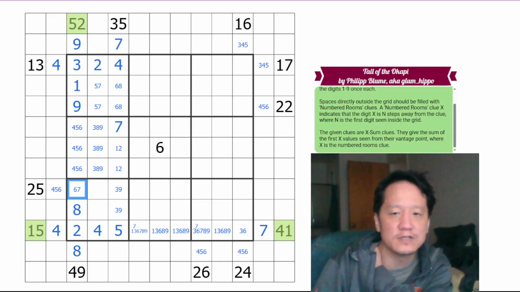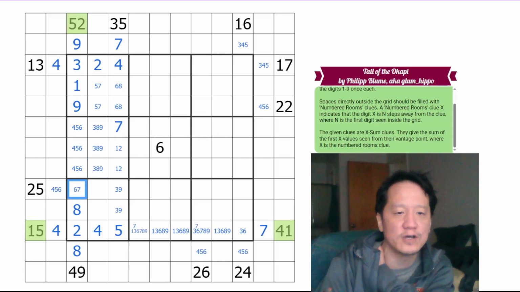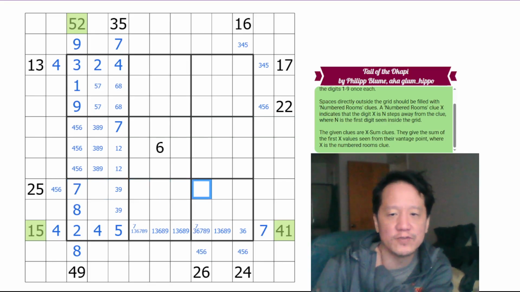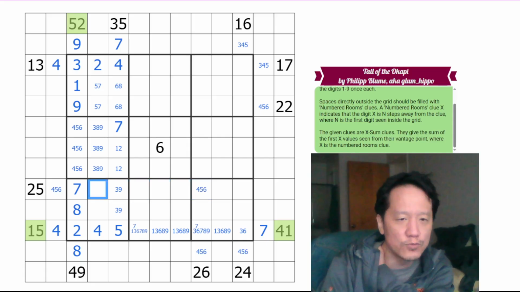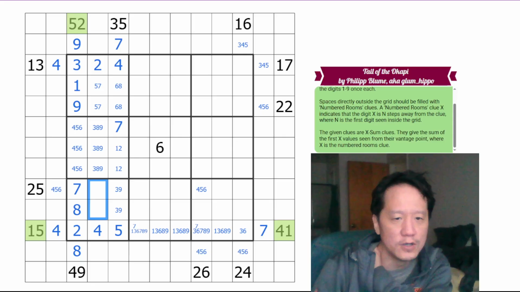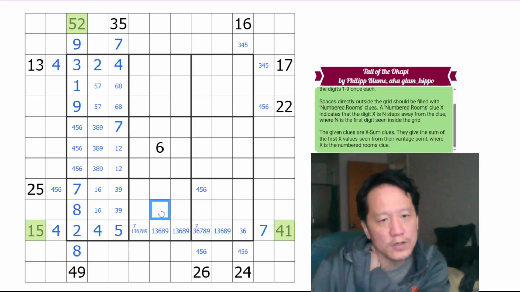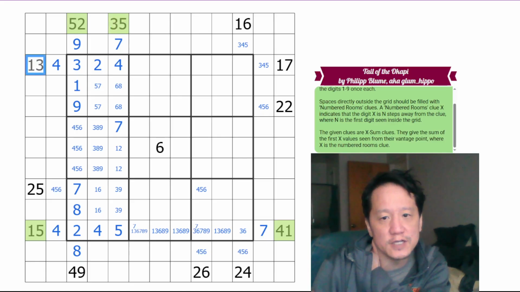This 4, 5, 6 eliminates 4, 5, and 6 in the rest of the column. So this is 7. So we have 4, 5, 6 in the 7th spot. Remaining digits in column 2 are 1 and 6. Okay, so then 35 is done. 13 is done.